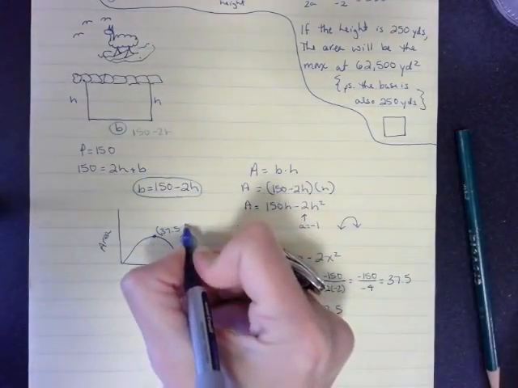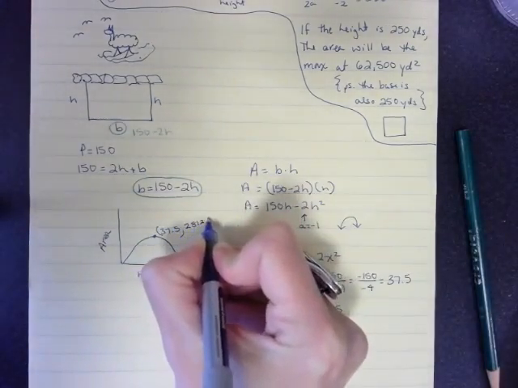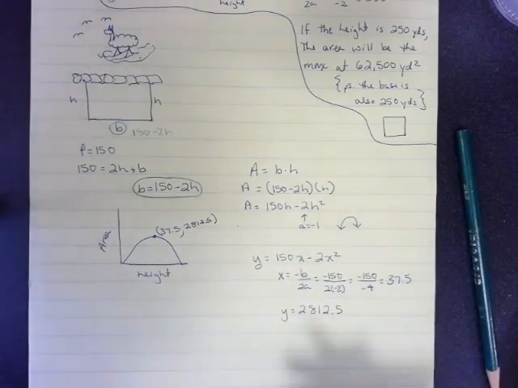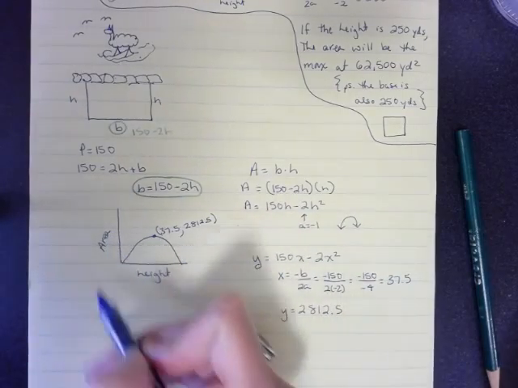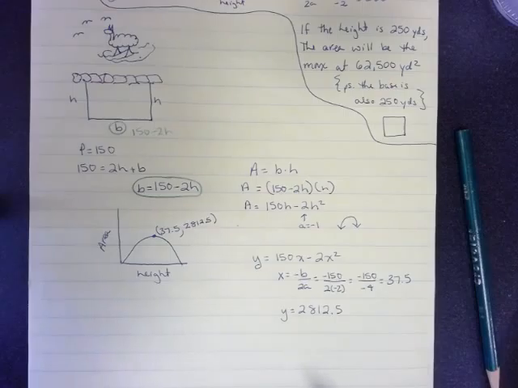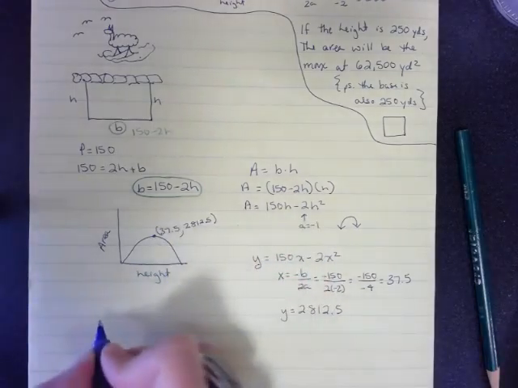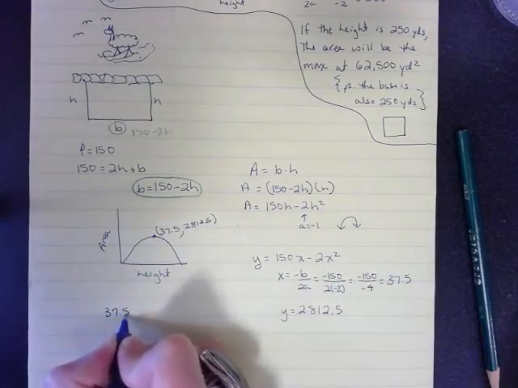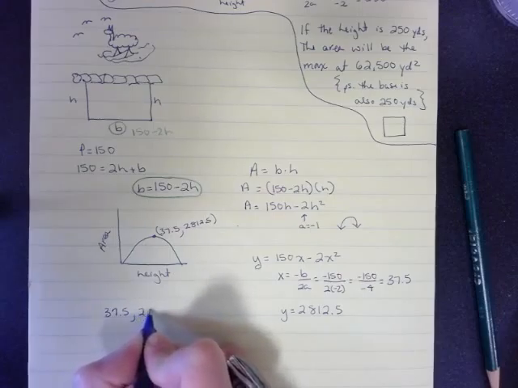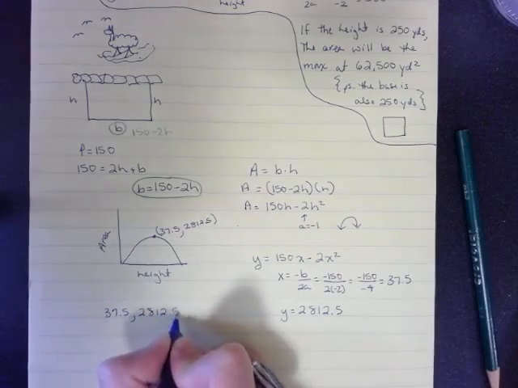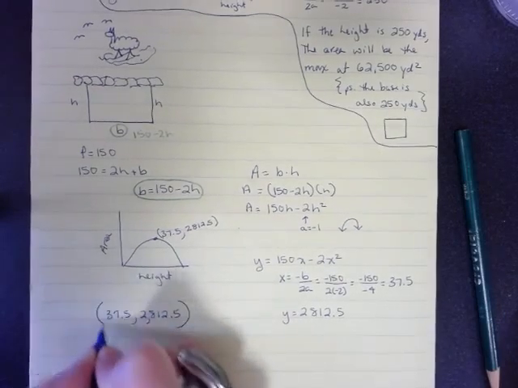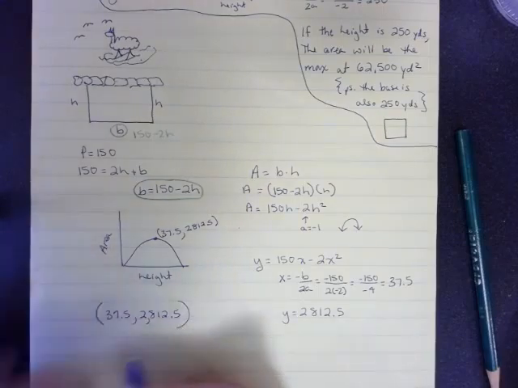Well, what does that actually mean? This is 2,812.5. So what is the y again? The y is the area. And what is the x? The x is the height. So this point, 37.5, comma, 2,812.5, this represents the height and the maximum area.